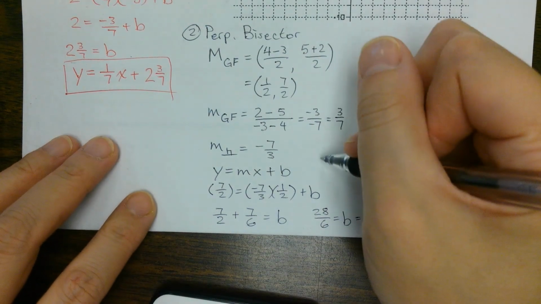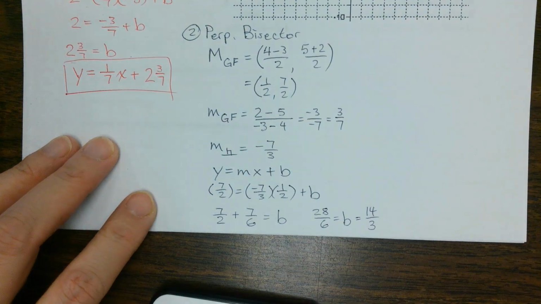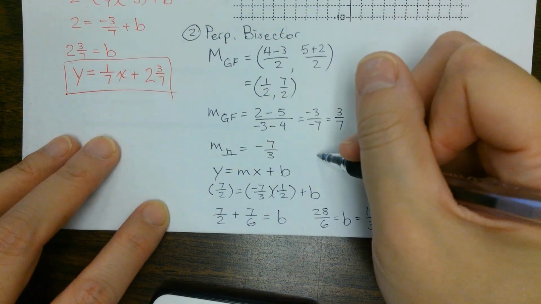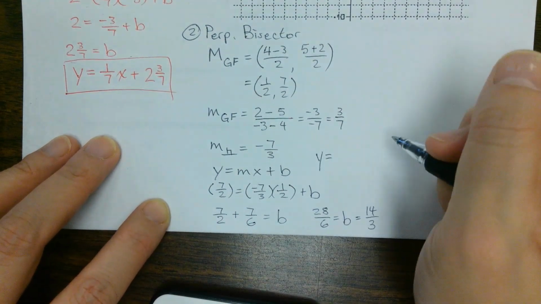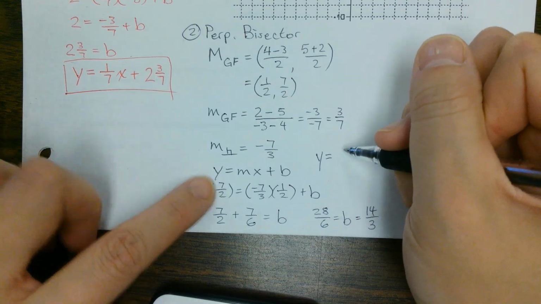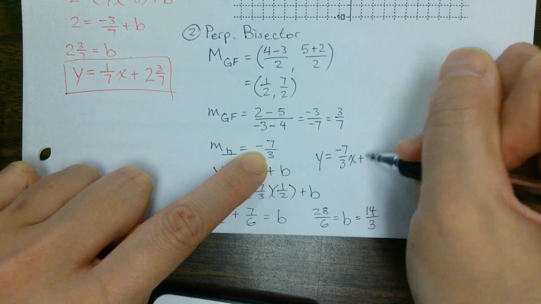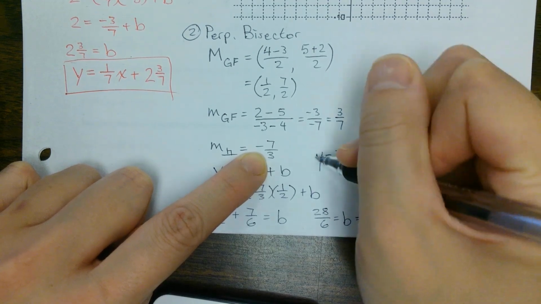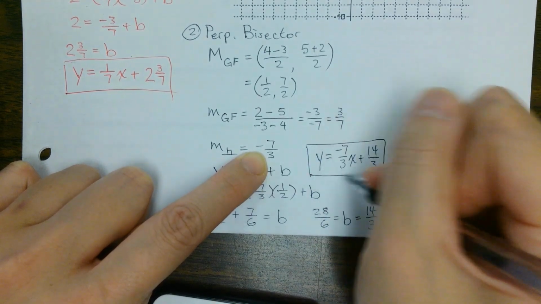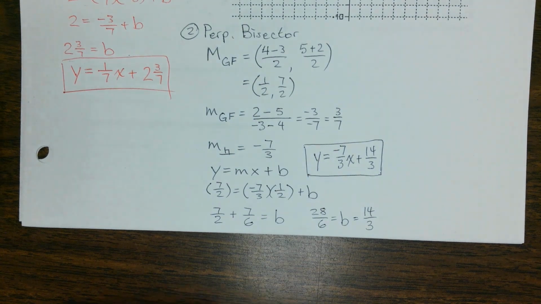So the equation... Oh, you can open the window if you're hot. I feel hot too. So y equals negative 7 over 3x plus 14 over 3. Okay, that's the equation of your perpendicular bisector.